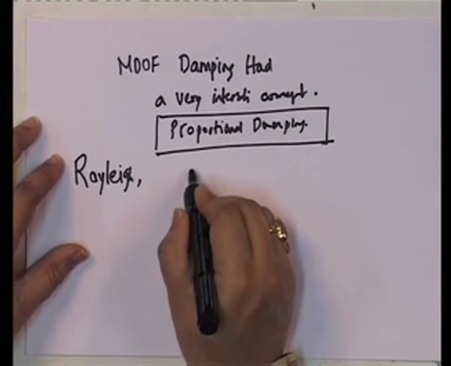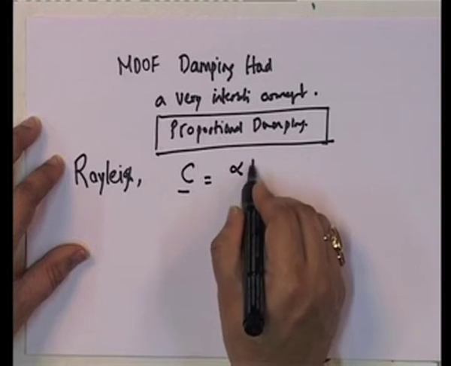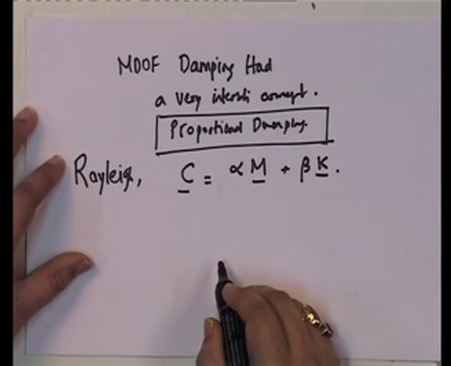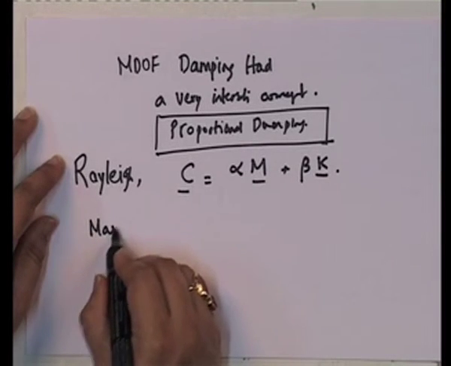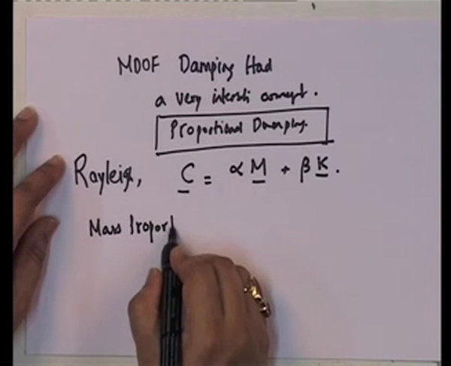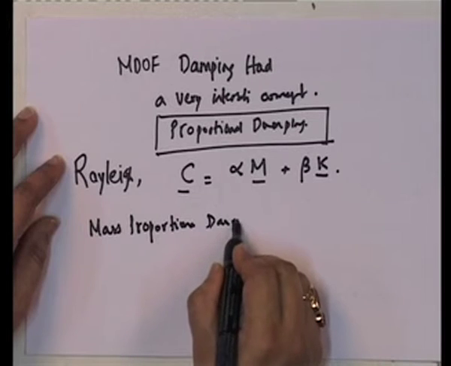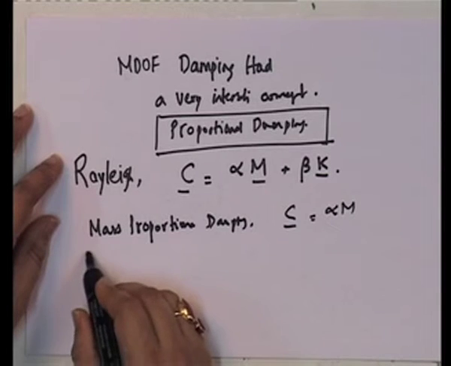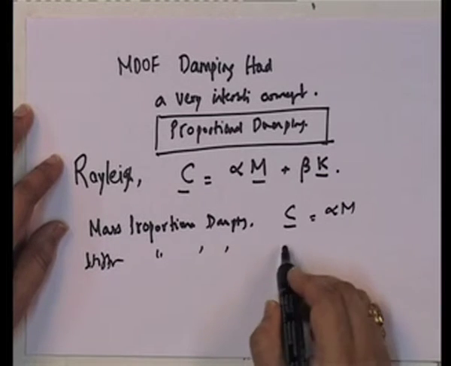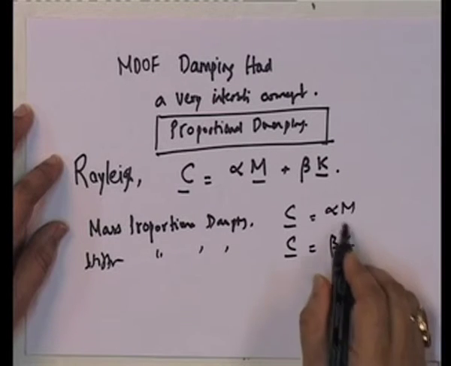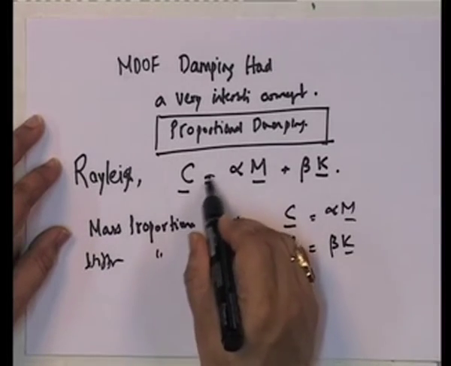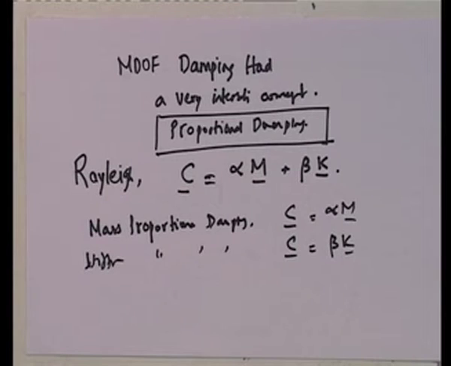Rayleigh said, look, take C equal to mass proportional damping, which would be C is equal to alpha m, plus stiffness proportional damping, C is equal to beta k. Rayleigh said this is a combination of mass proportional damping and stiffness proportional damping.